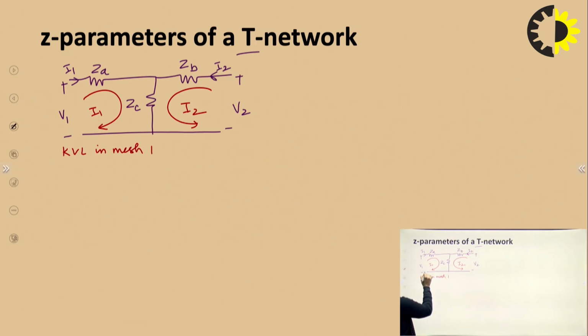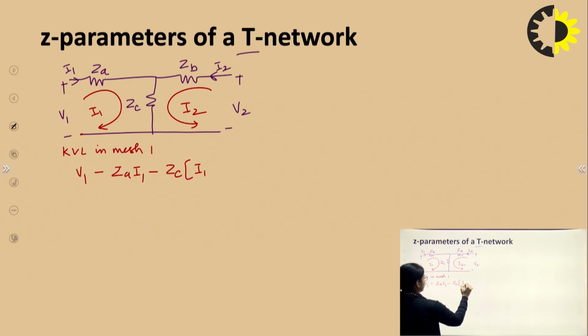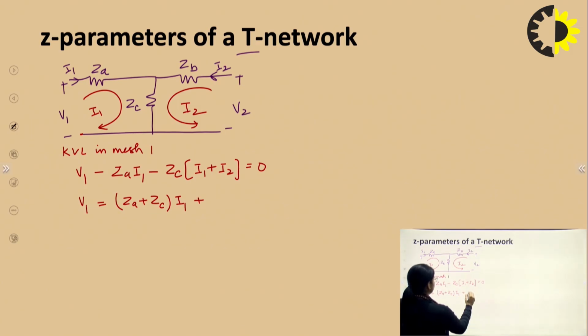First term will be V1 minus ZA I1 minus, in this impedance ZC, the current flowing is I1 plus I2, equals 0. This is KVL in mesh 1. Rearranging, we get V1 equals (ZA plus ZC) I1 plus ZC I2. So, this is my equation 1.